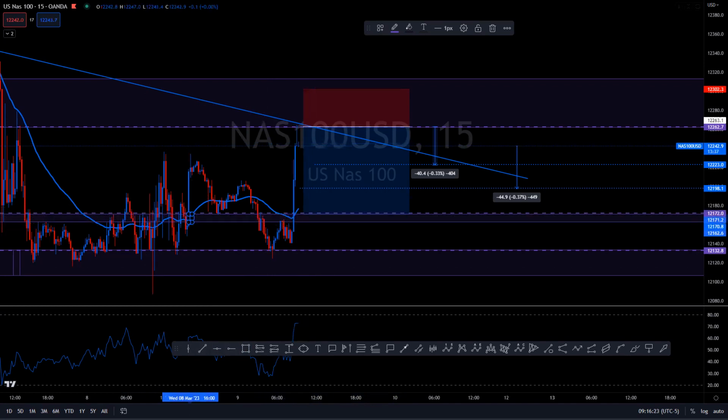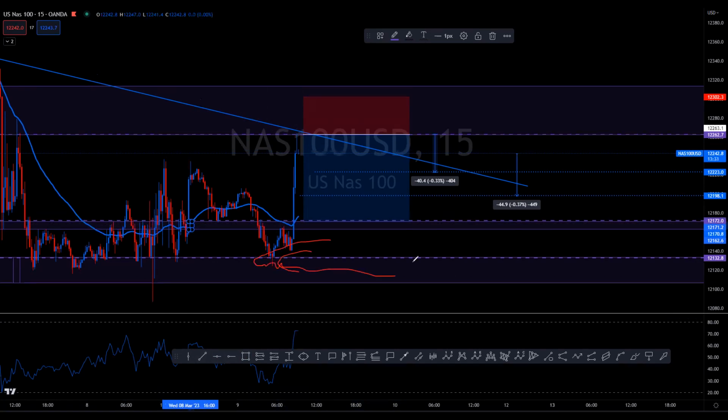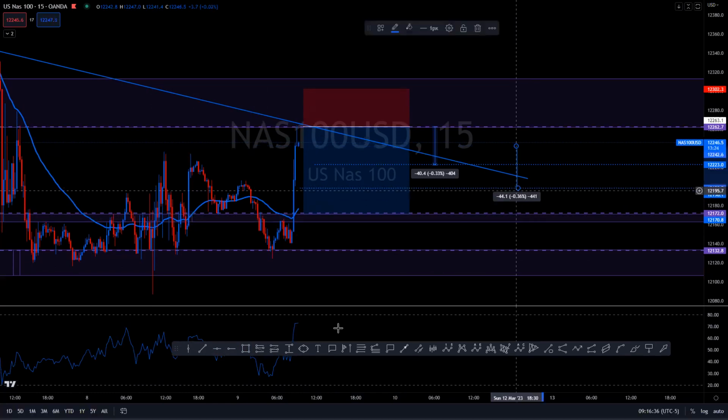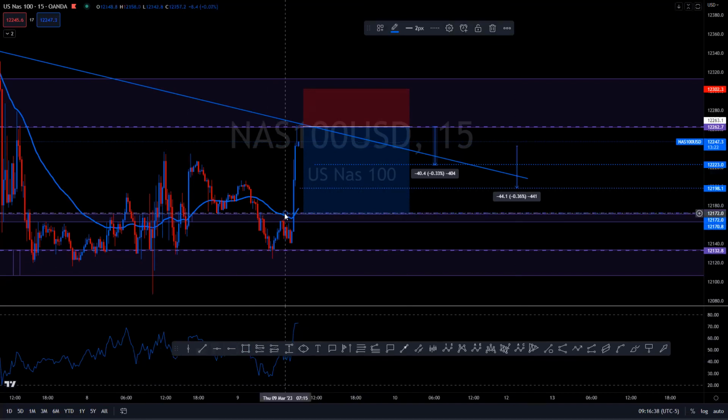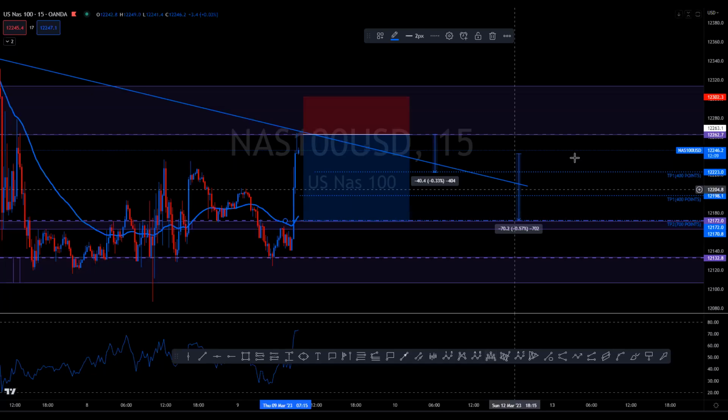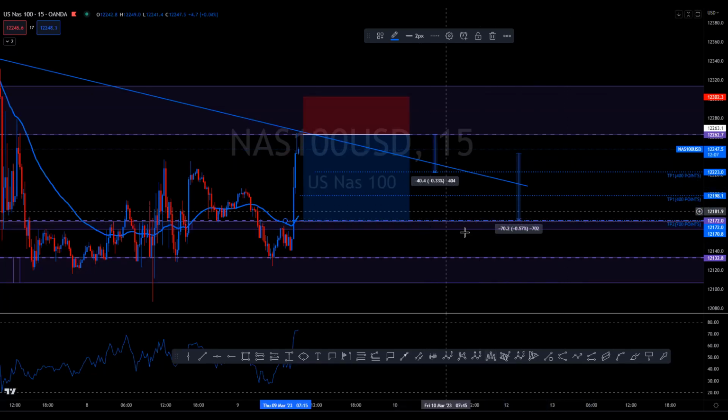But if it goes further, then I'd be focused on trying to get all this liquidity down here. But that's the goal that I'm shooting for. So let me go ahead and label these take profit zones like that. All right, so I set my take profit zones here.